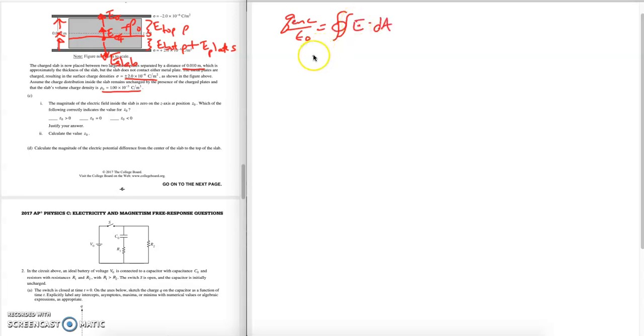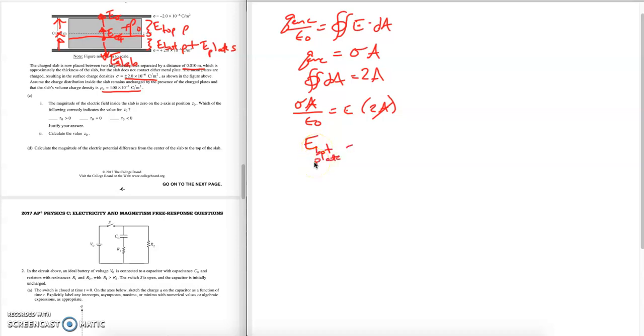Q enclosed for this plate here is going to be sigma A, and the area is also going to be A, but we're going to have a top and a bottom, so that'll be 2A. So we'll have sigma A over epsilon naught equals E times 2A, and those guys cancel. And the E from the bottom plate equals sigma over 2 epsilon naught.